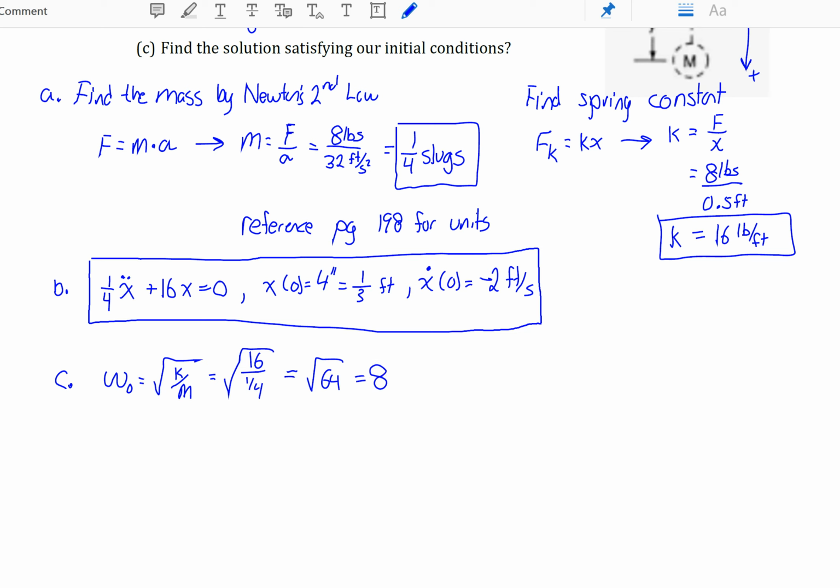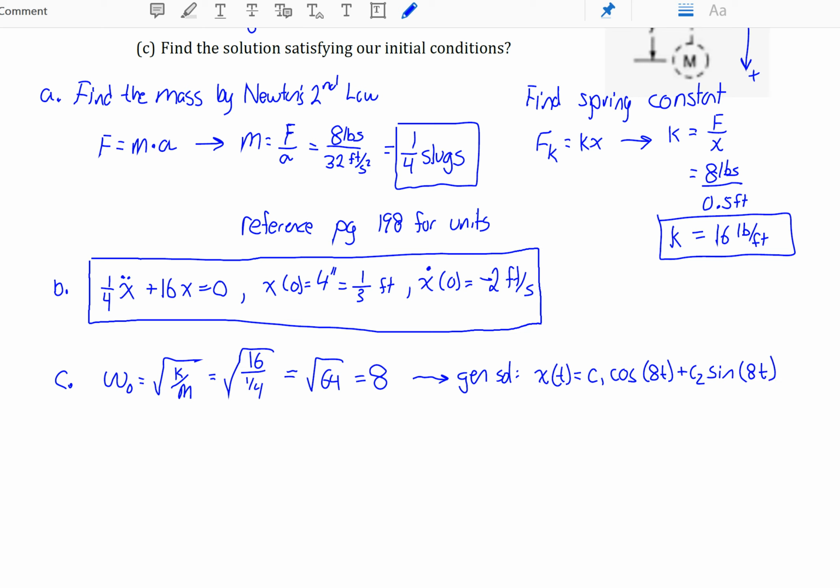So now that we have our natural frequency, we can write our general solution as x of t is C1 cosine 8t plus C2 sine of 8t.